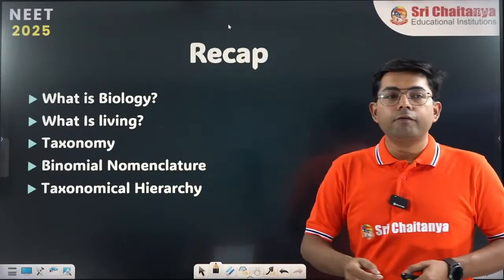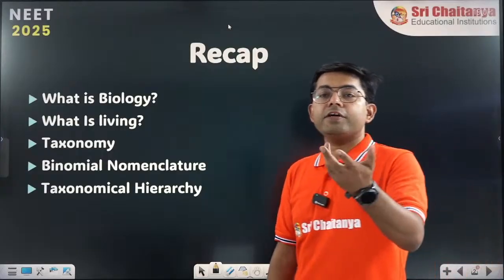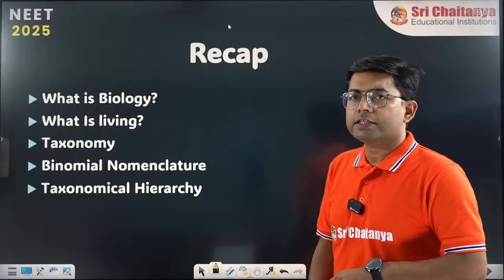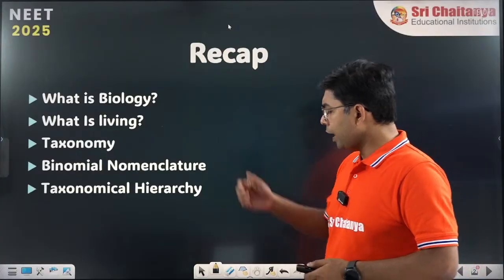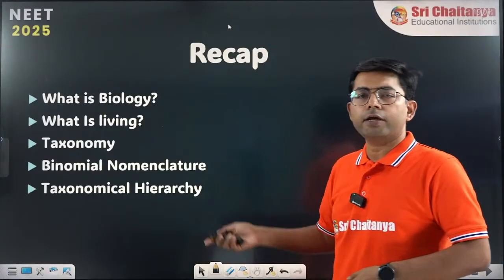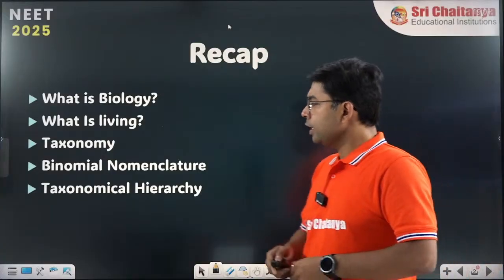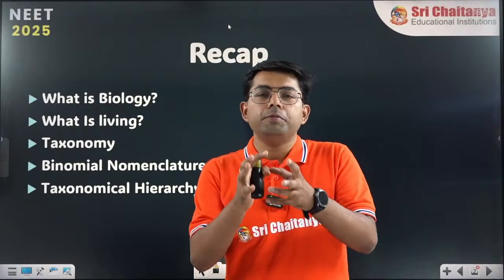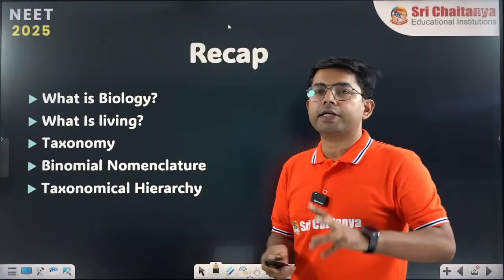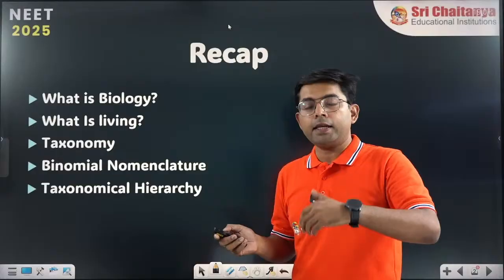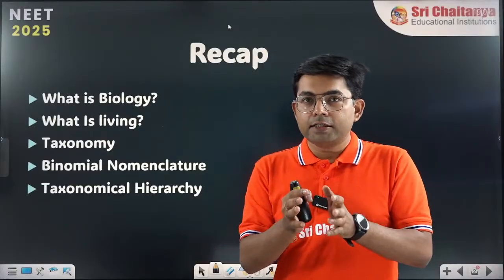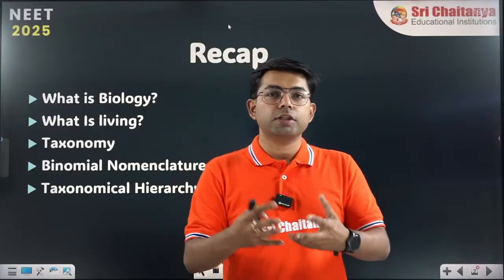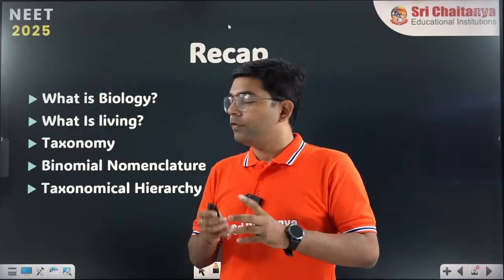Then we talked about what is a living organism, and its several characteristics. Then we saw taxonomy, binomial nomenclature and taxonomical hierarchy. I know many of you might not have been present yesterday, so I will quickly recap, and for those who attended, be ready, as I will also ask a few questions based on the last class. So be very much focused.